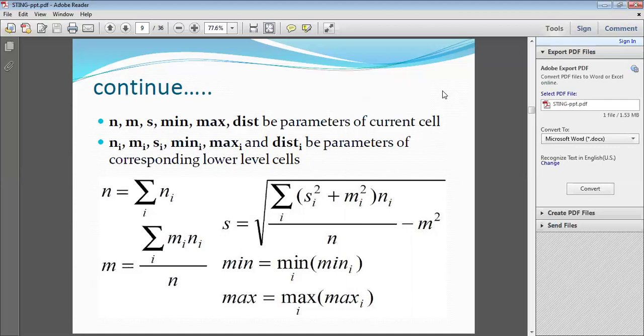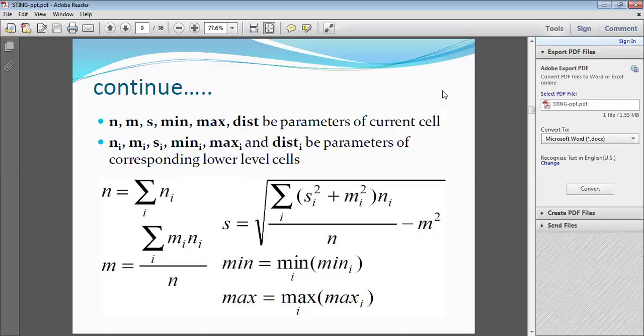Similarly, small m is equal to sigma mi into Ni upon N, meaning mean times number of elements for each cell, divided by the total number of elements in the 4 cells. And for min, the minimum among the 4 will be the minimum, and the maximum among the 4 cells would be the max for that cell.